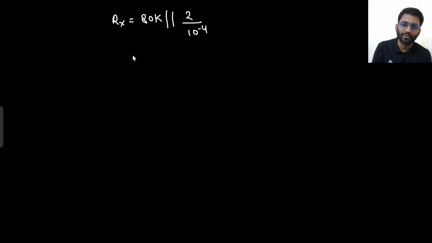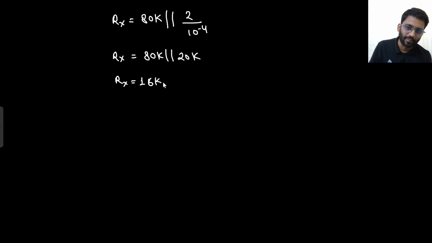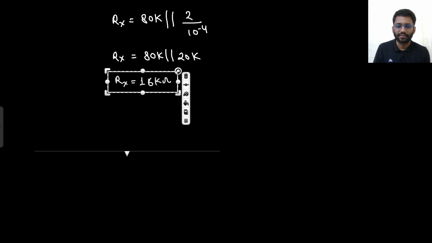So it would go up. So it would become 80K parallel with 20K. That is your Rx. So 80 into 20, 16K. So what is the parallel combination of this? 16 kilo. Rx value you got is 16 kilo.